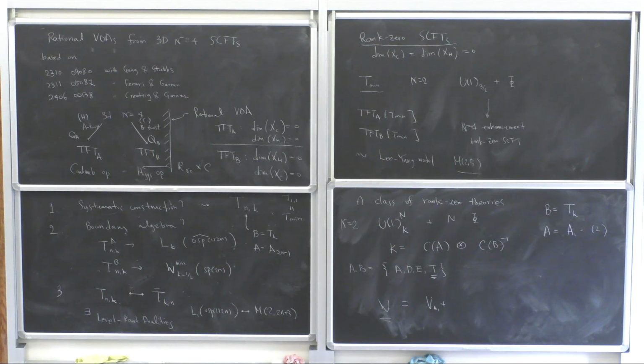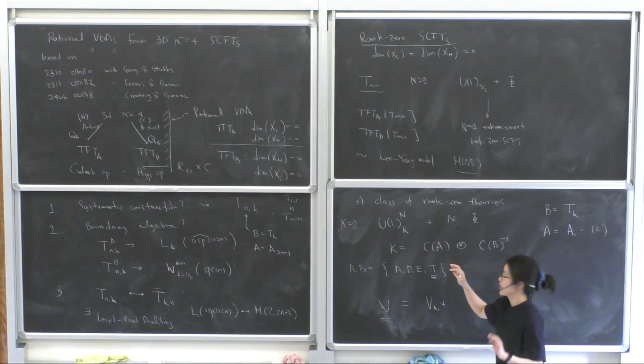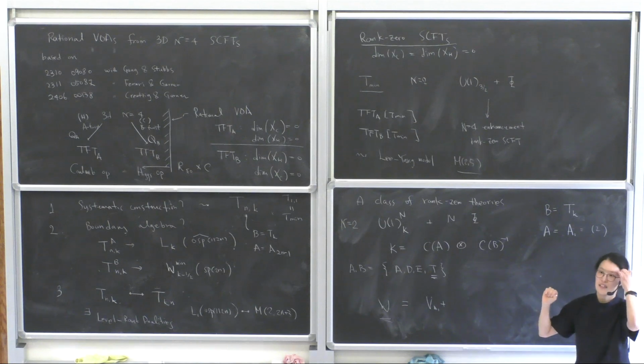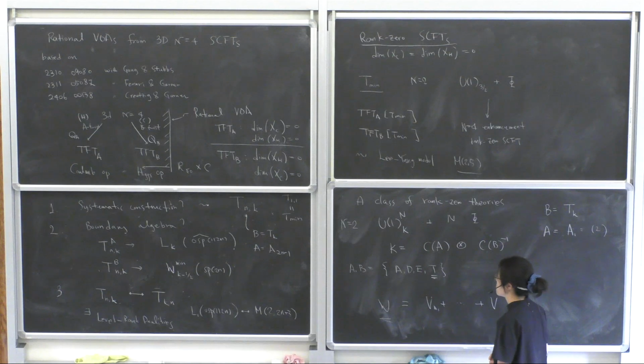Hypertoric? Why? I think when n is larger, something like hypertoric seems to exist when you have different choices.